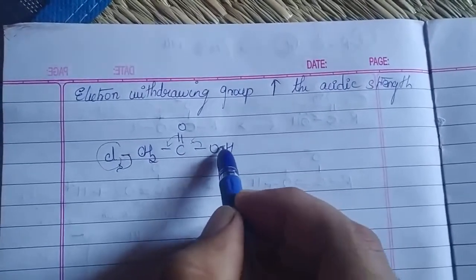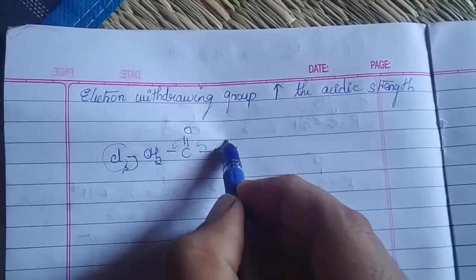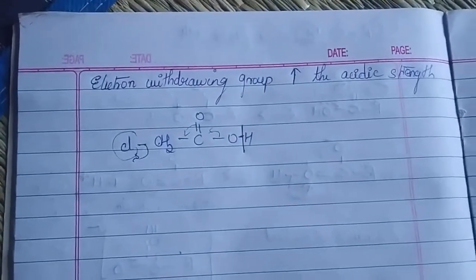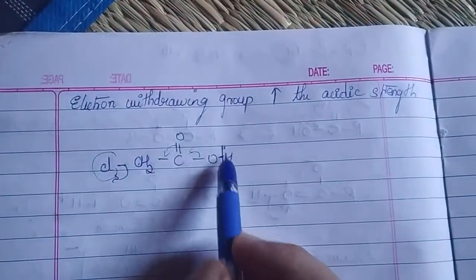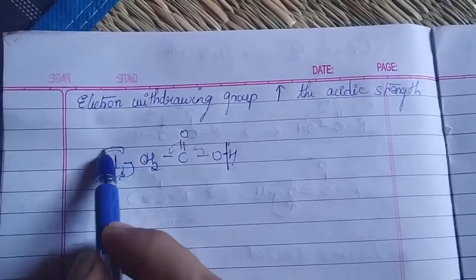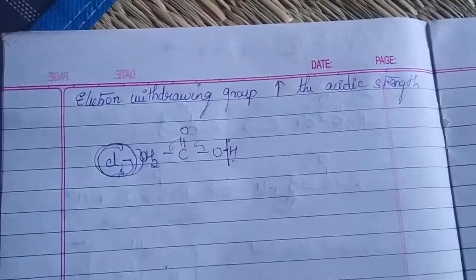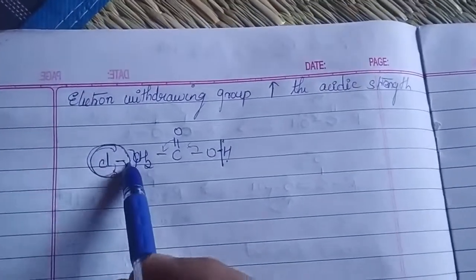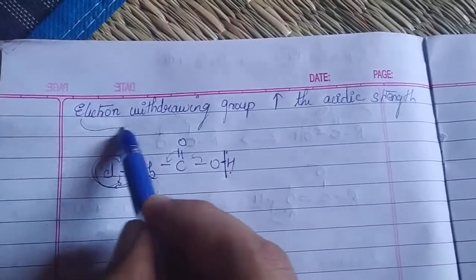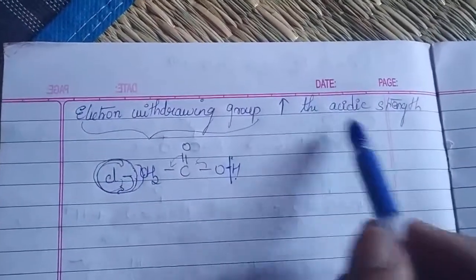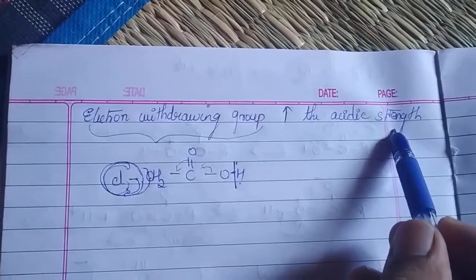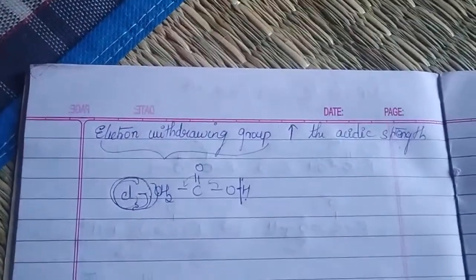In turn, the bond on this oxygen will break off easily. So whenever electron withdrawing groups are present, it increases the acidic strength of your carboxylic group.